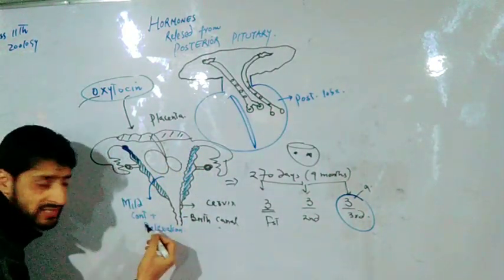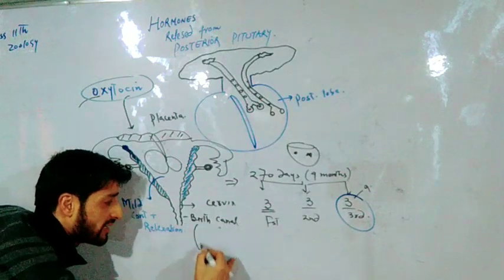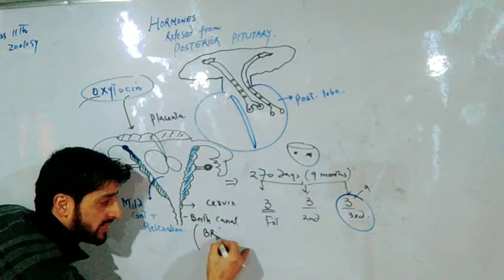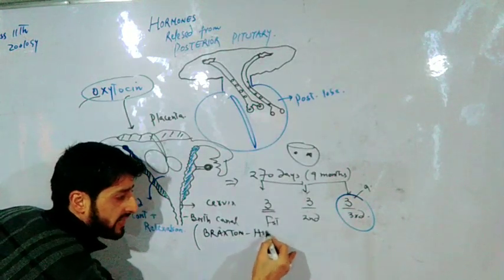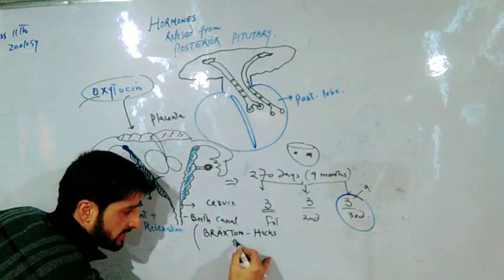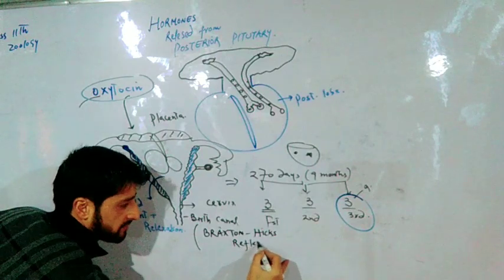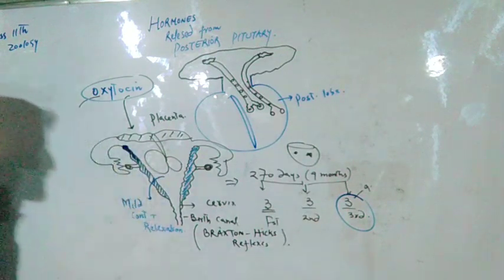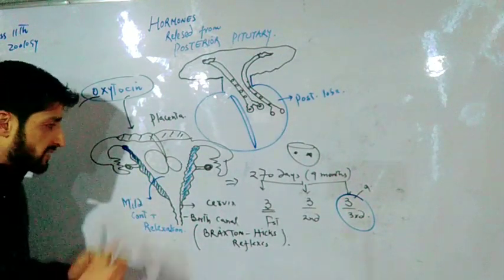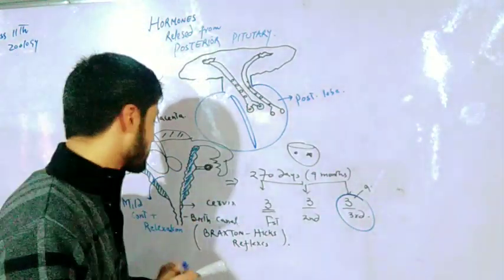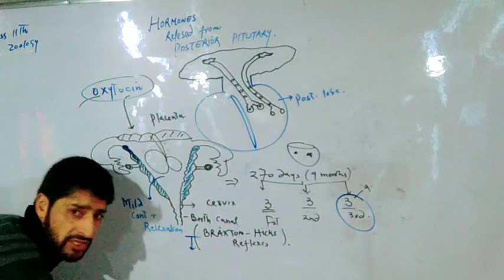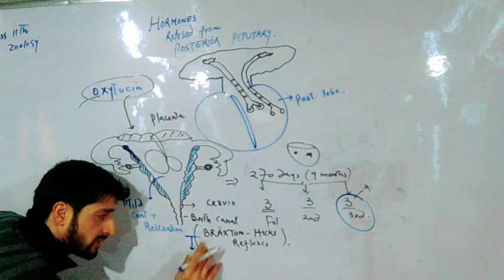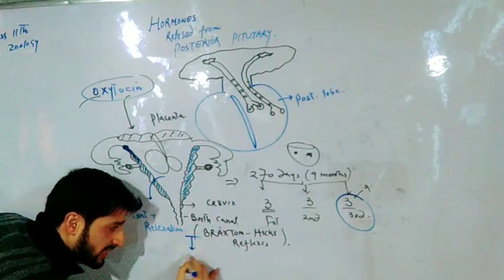These mild contractions and relaxations are actually called Braxton Hicks reflexes. So these mild contractions and relaxations in the uterus are due to the production of special chemicals, special signaling molecules.